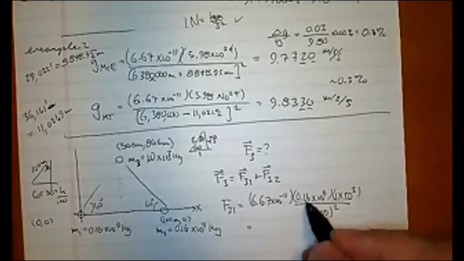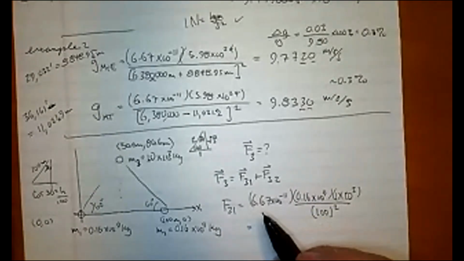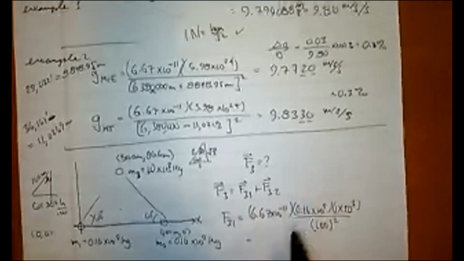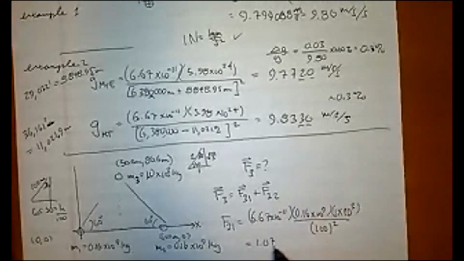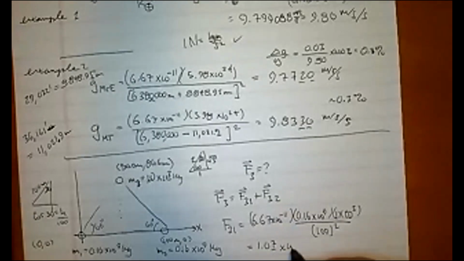Now, the whole reason I did that 0.16 is I knew it would roughly cancel out the 6.67. So in fact, that result comes out to 1.07, which is 1 extra sig fig, of course, 1.07 times 10 to the negative 3rd newtons.